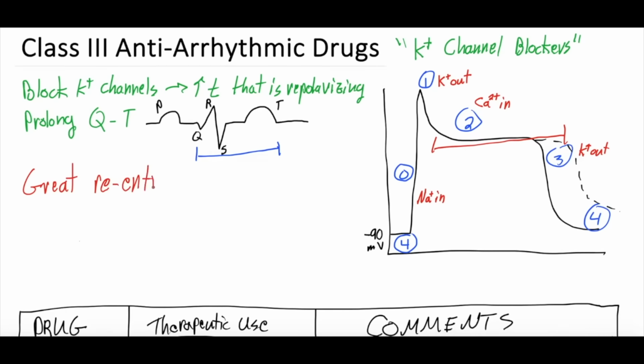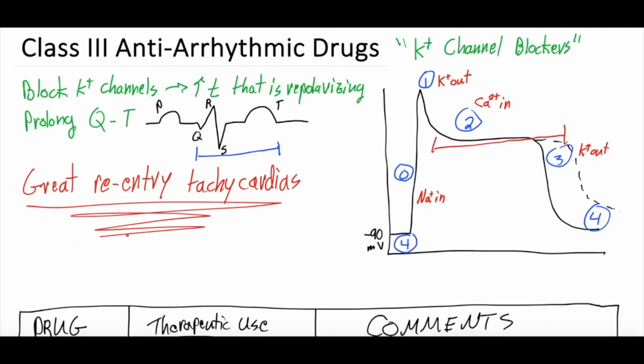What that means is that the abnormal action potential, the abnormal rhythm, is trying to depolarize the cells too quickly. So if you prolong repolarization, decrease the ability for that cell to depolarize again, this tachycardia can't re-enter quickly, and that's why it's great for re-entry tachycardias.